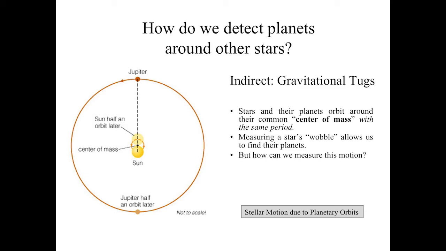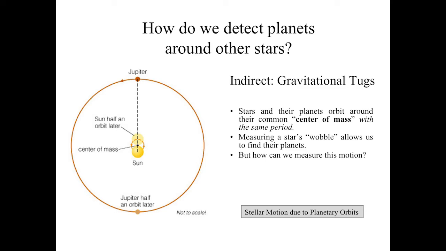I'm going to share a couple of little animations to illustrate this, but the idea here is if we have a star and a planet going around it, many of you already know that when we think of the star as being fixed and the planet circling around, it's not quite 100% accurate. The star moves very slightly as well. So let me illustrate what I mean by that by sharing this little animation.